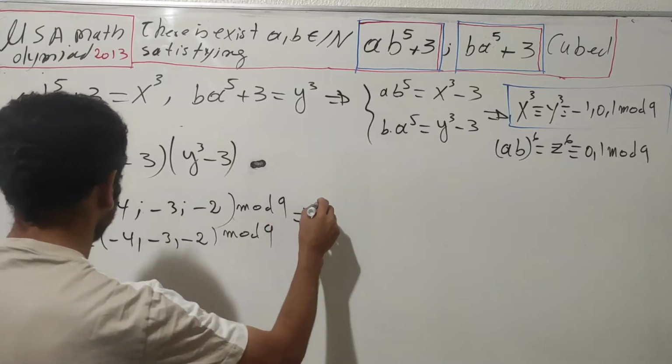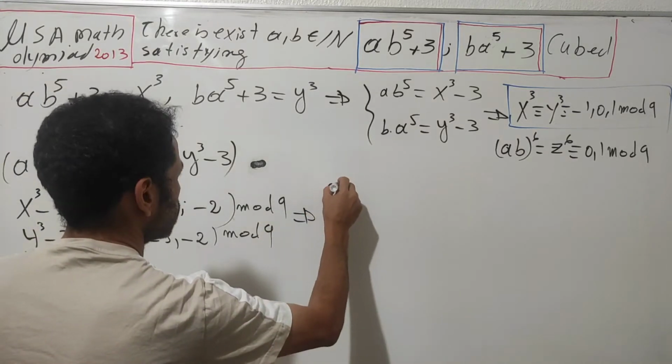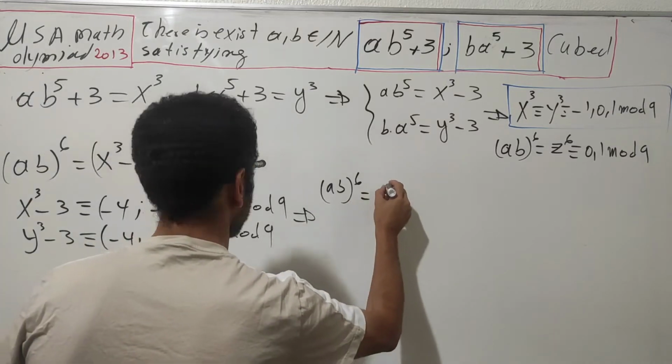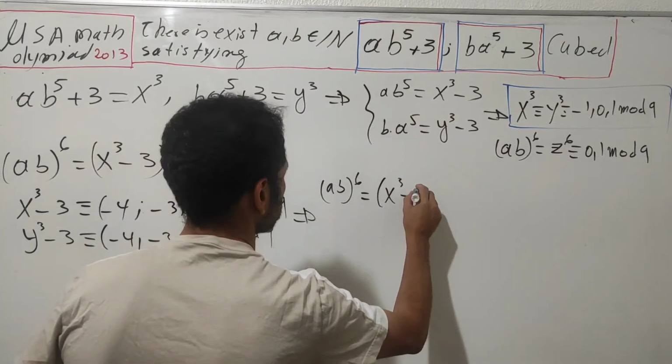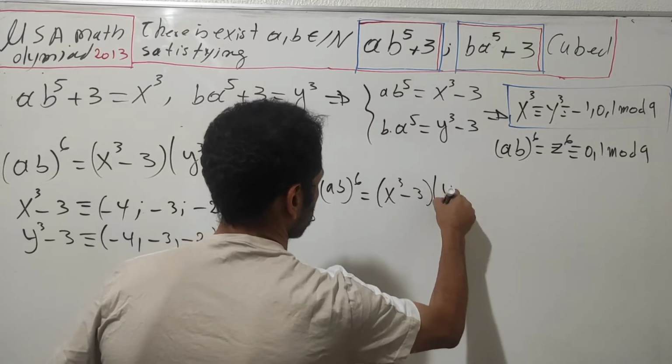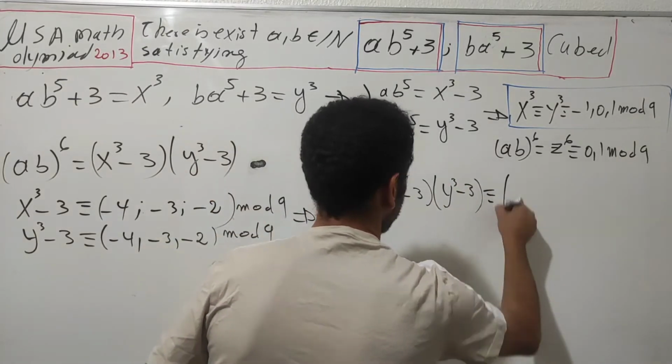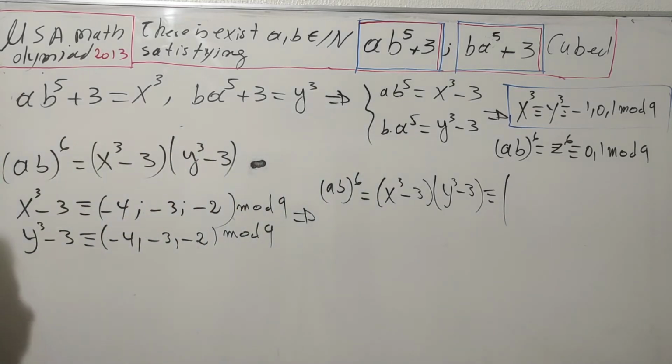Let's make this product. So we get a b to the 6, which equals x cubed minus 3 times y cubed minus 3, is congruent to... Now here is the thing, we will have 9 possibilities here.